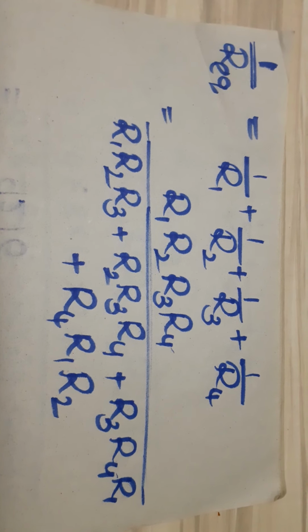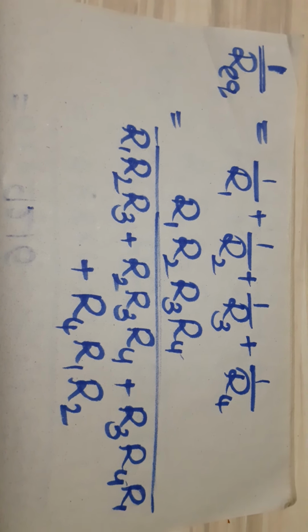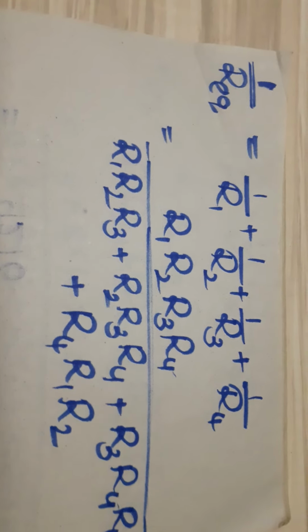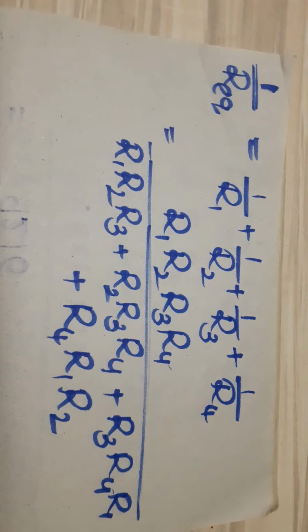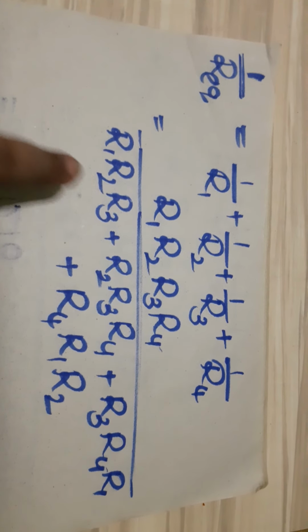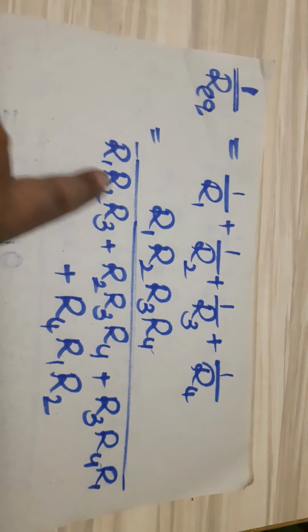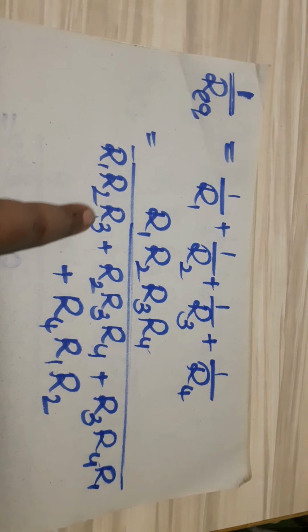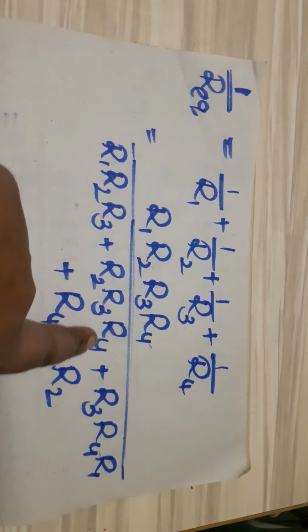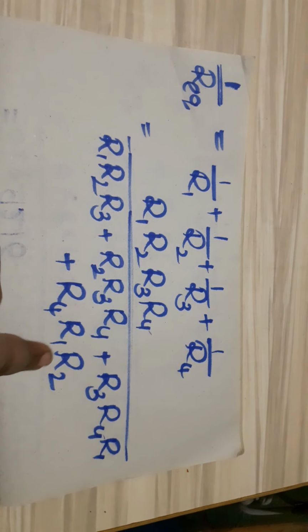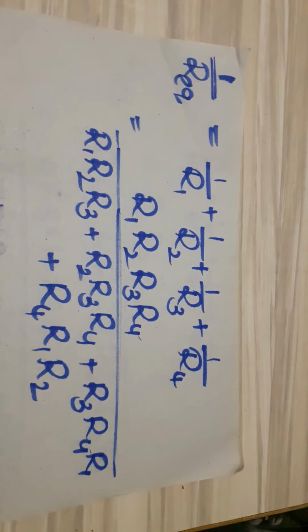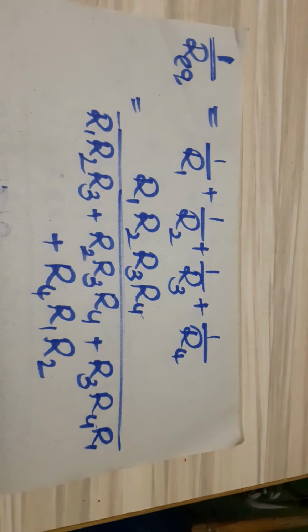So for 4 resistors in parallel combination, 1 by R equivalent equals 1 by R1 plus 1 by R2 plus 1 by R3 plus 1 by R4. That gives R1 R2 R3 R4 by R1 R2 R3 plus R2 R3 R4 plus R3 R4 R1 plus R4 R1 R2. Substitute the R1, R2, R3, R4 values in the above formula.